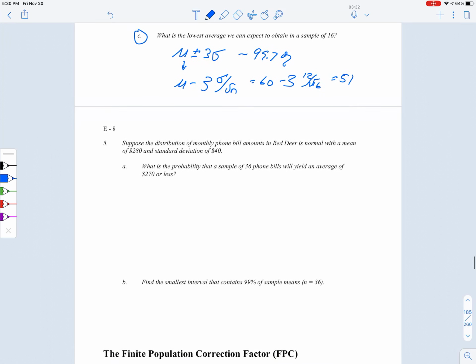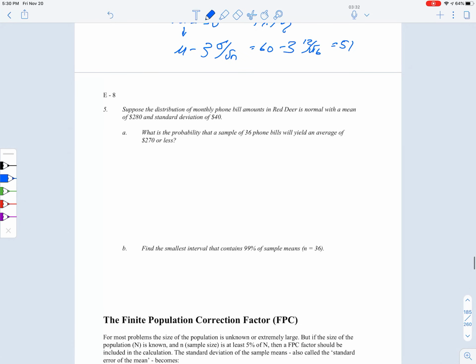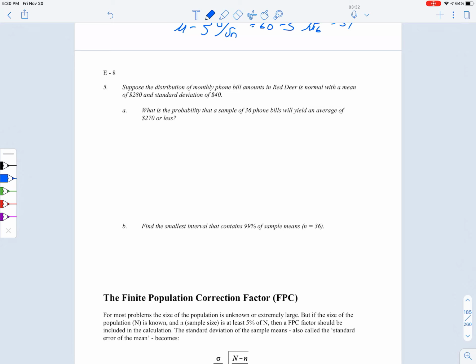Let's take a look at the next one down here. Suppose the distribution of monthly phone bills in Red Deer is normal, with a mean equal to 280 and a standard deviation equal to 40. So there's your mu and your sigma. What's the probability that a sample, that's your n of 36, will yield an average, so a sample average is an x bar, of 270 or less?